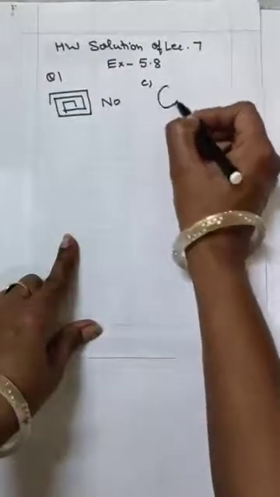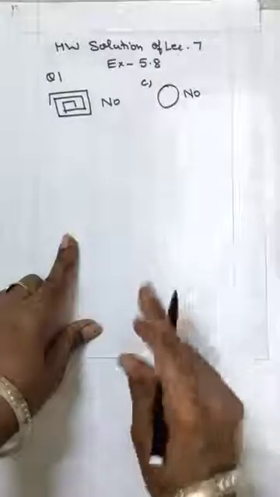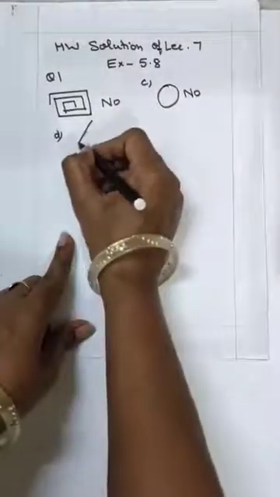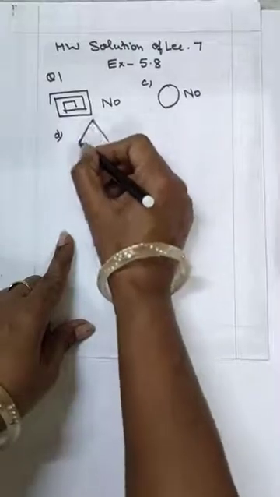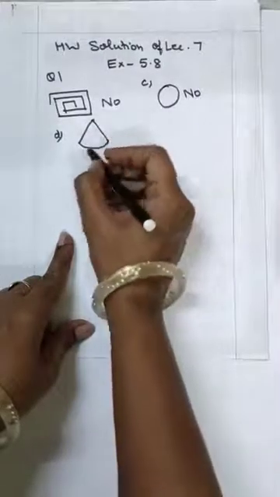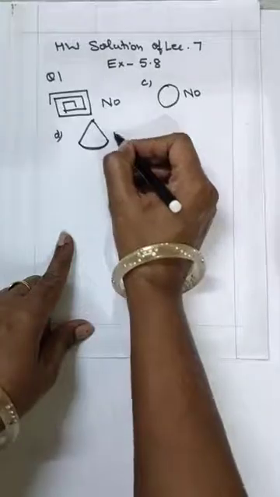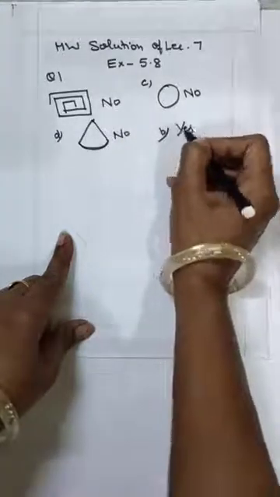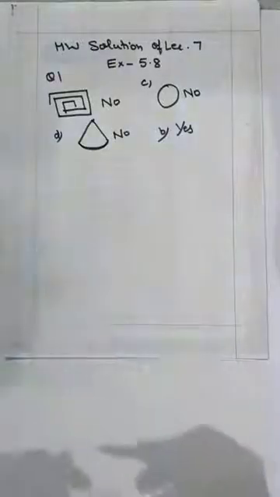Third, C is a circle. So it is also not a polygon because it is not made of line segments. And D is also not a polygon as it is made like this. Okay, so here it is a curve. So it is not a polygon. So only B is a polygon. B is an example of a polygon.